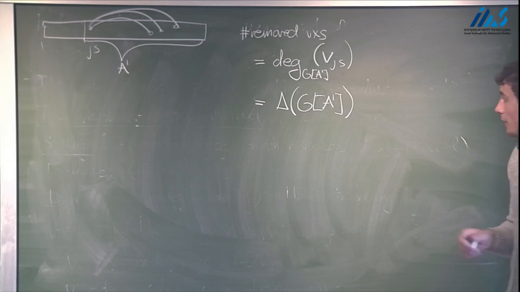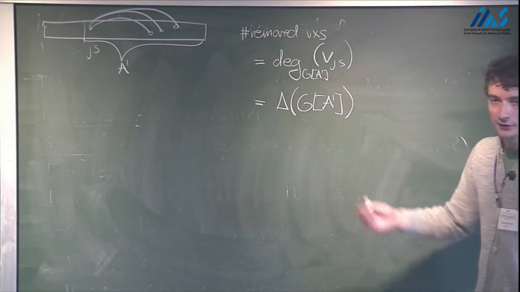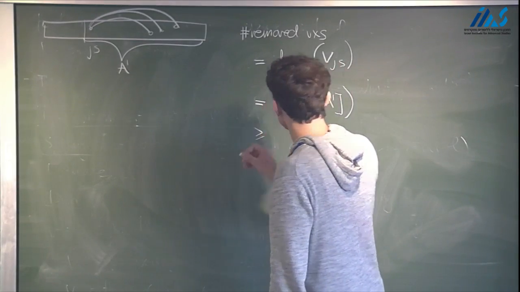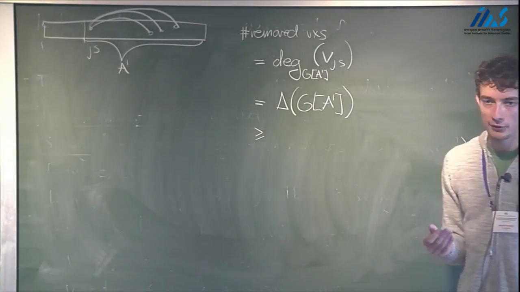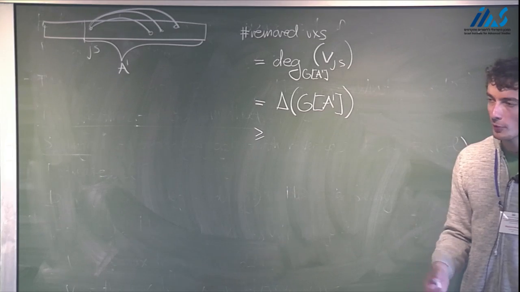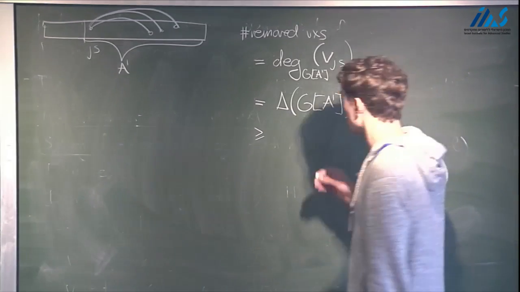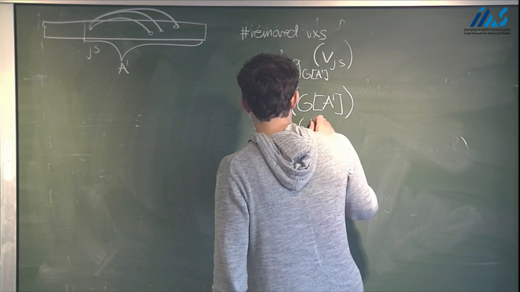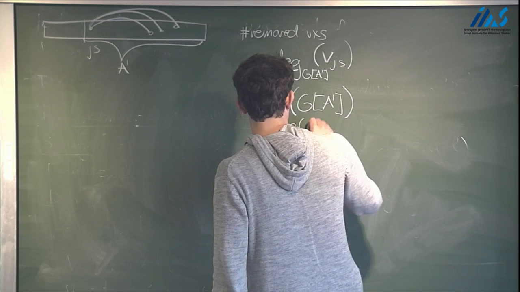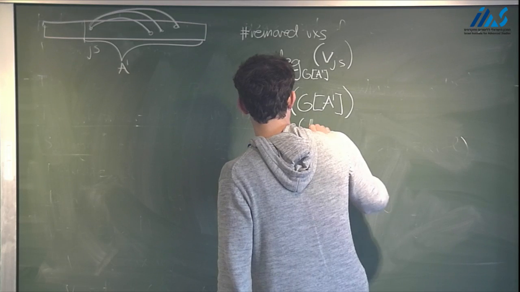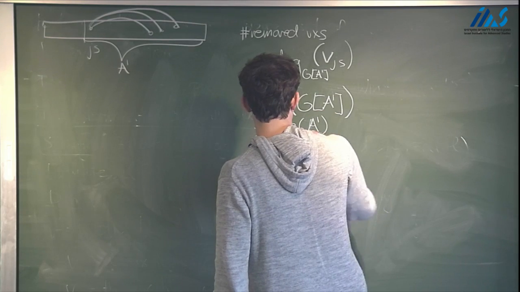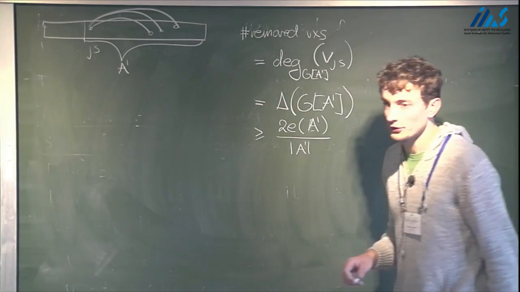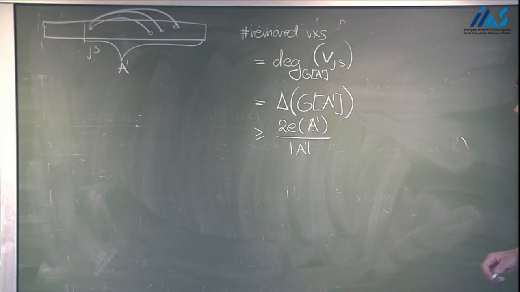Now, this is maybe not such a nice quantity to analyze, so let's give a lower bound on this. Certainly the maximum degree is bounded from below by the average degree of this graph. So this is at least twice the number of edges in A prime divided by the size of A prime.